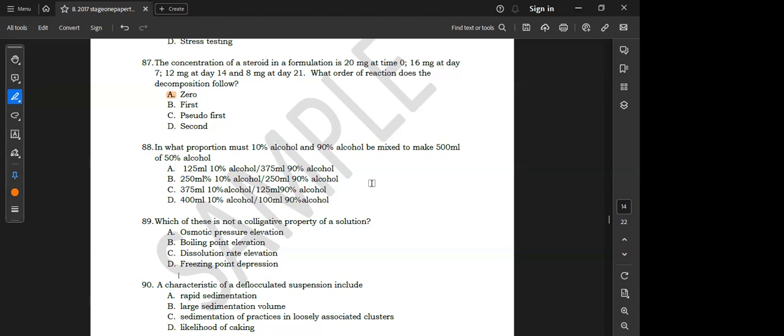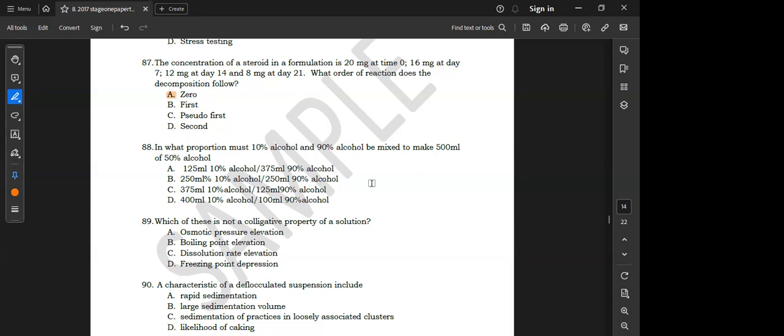Perhaps just to add on the same, for zero order metabolism we see a constant amount, emphasis on amount, eliminated per unit time. So we can see 16 mg at day 7, 12 at day 14, 8 at day 21. Every 7 days, just 4 mg is being eliminated. So it's not a constant percentage, it's a constant amount that's been eliminated.